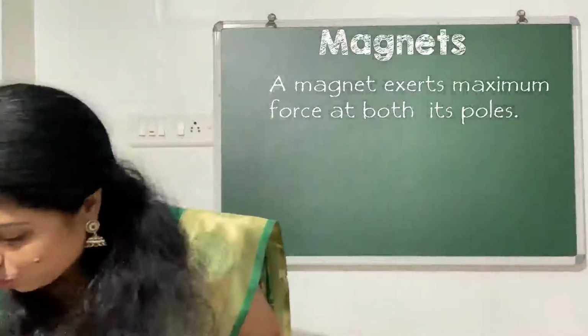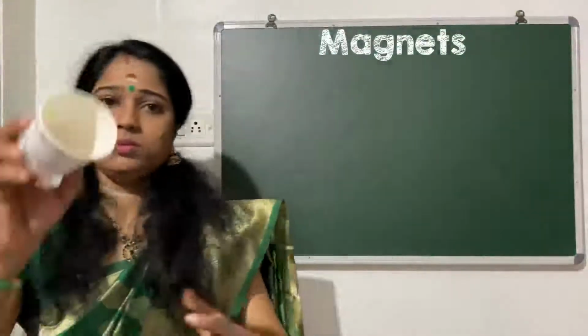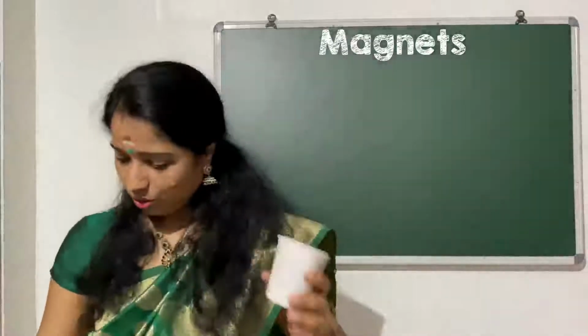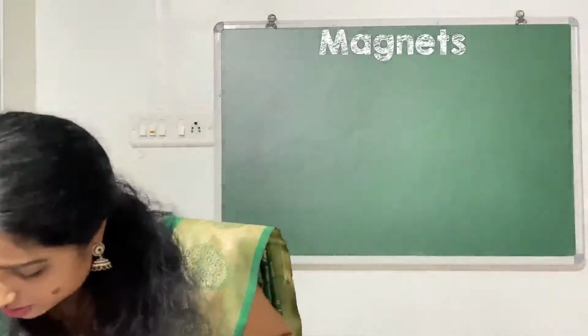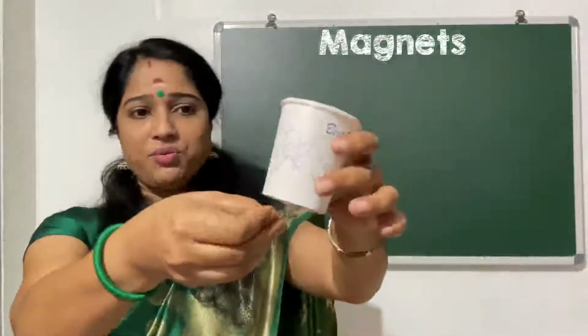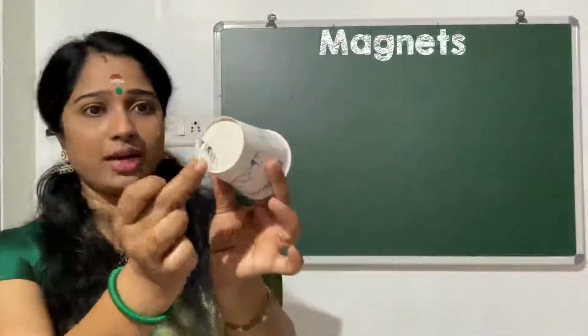Next, I will show you another thing. This is a paper cup, and these are safety pins. I will try to bring these pins in contact with the paper cup.